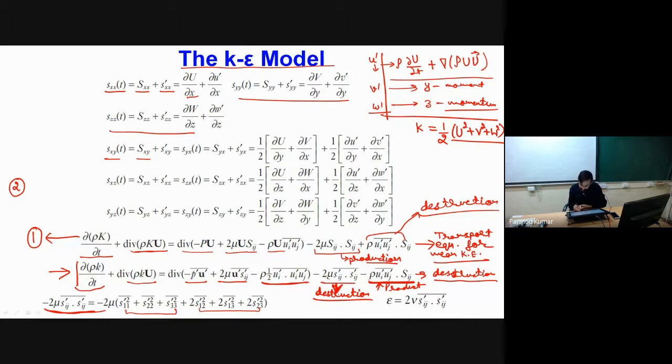Once I divide with density, this mu by rho becomes nu, and this becomes epsilon, where epsilon is called the rate of dissipation of turbulent kinetic energy. So the rate of dissipation of TKE is 2 nu times Sij dash dot Sij dash, with a bar over it.